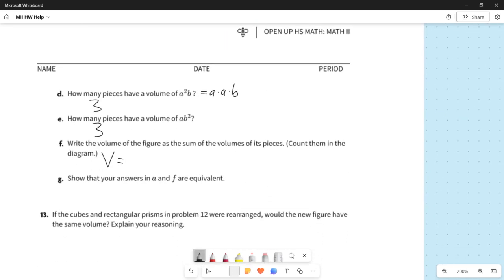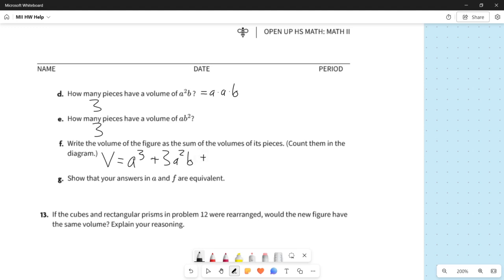Well, remember that we started with a cube that had a volume of A cubed. So we have a single cube that's A cubed. And I'm going to write this in a specific order here that's going to make sense in a second. So we also have 3 pieces that have a volume of A squared B. That's our answer for part D.